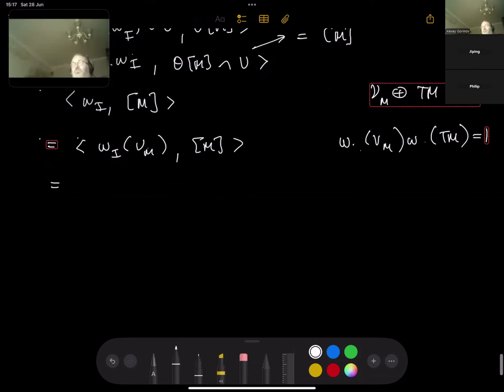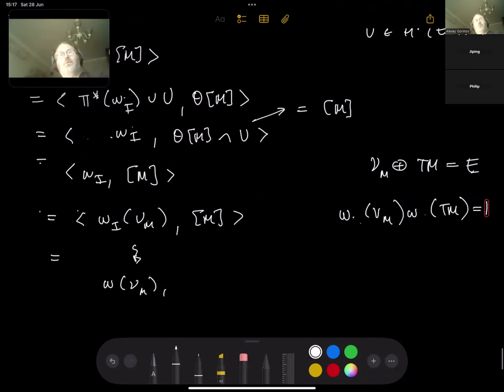So here we can pass to the total as well, so this holds for all I. Well, yes, but this is not the same as the total Stiefel-Whitney class evaluated at, integrated over M, because there will be just the contribution from the top class, and everything else will be 0.